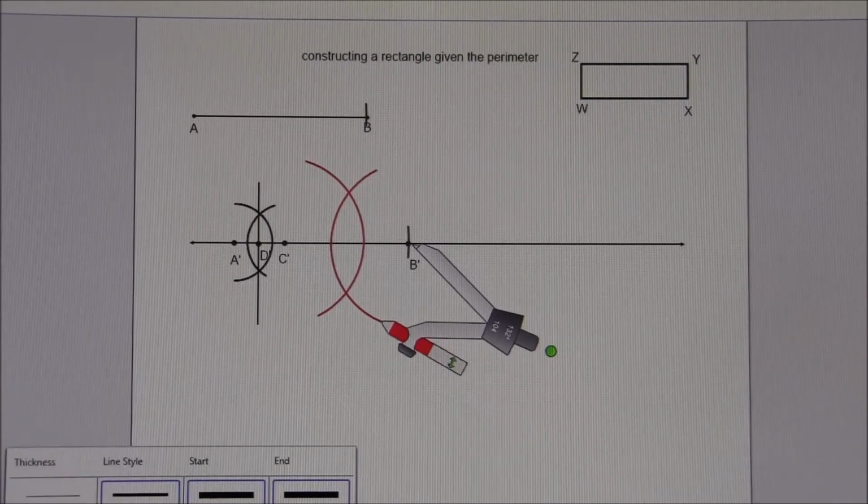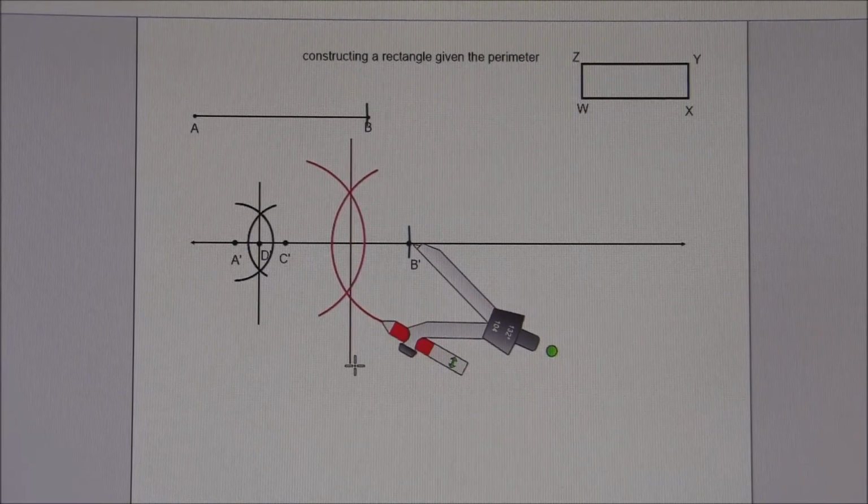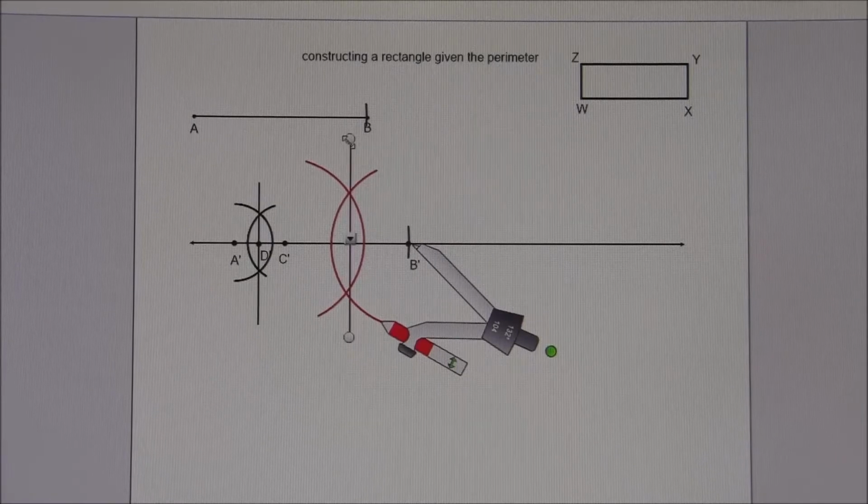So now we just bisected this guy, right there. So we can call this point right here E prime.